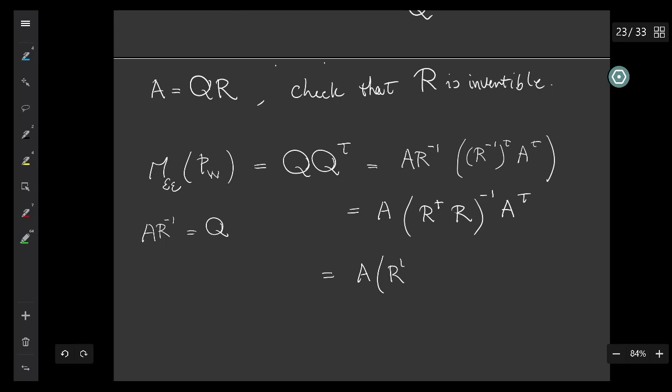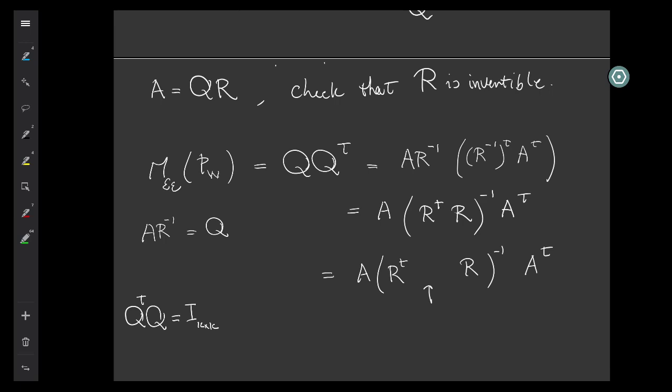A nice little trick here is to write this as R^T R inverse A^T. Recall that Q^T Q is equal to the identity of size k. So we can just insert it here. You can check that the sizes of these matrices make sense to multiply, with a k by k matrix here.